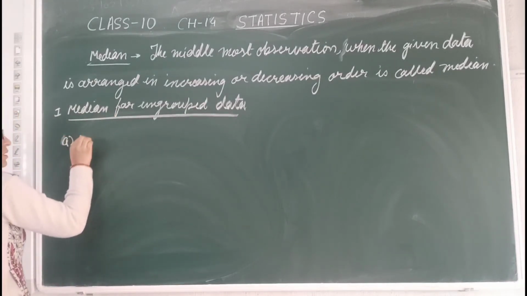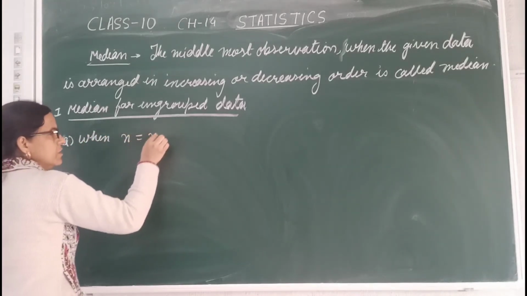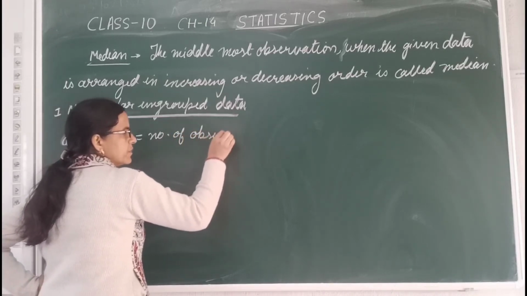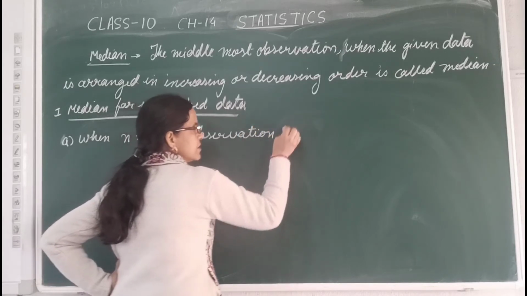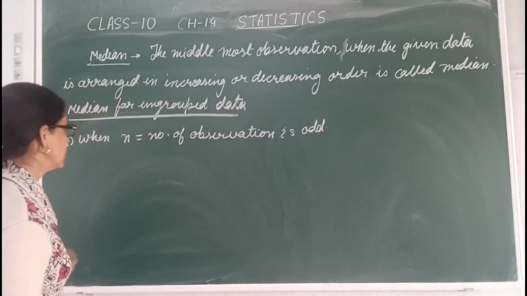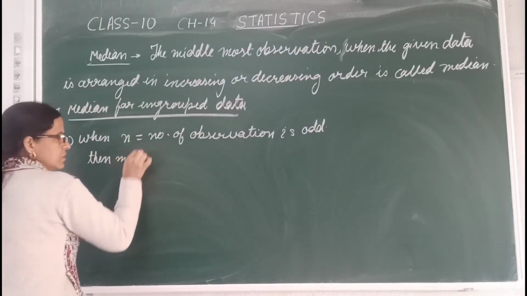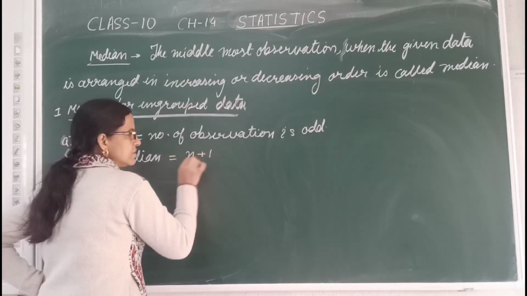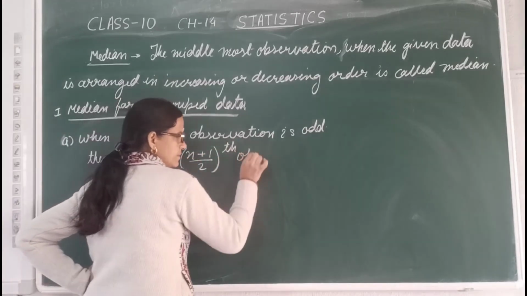Number A, when n equals the number of observations is odd, that is when n is odd, then median equals n plus 1 by 2th observation.